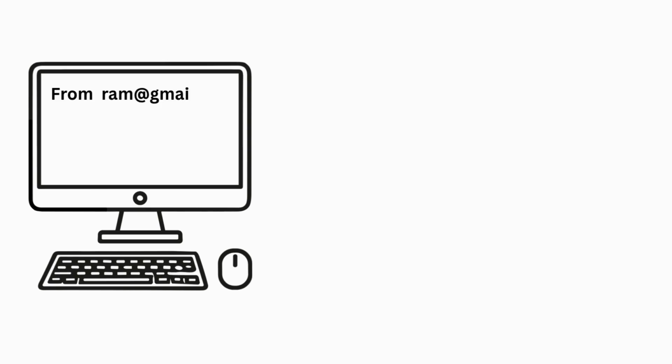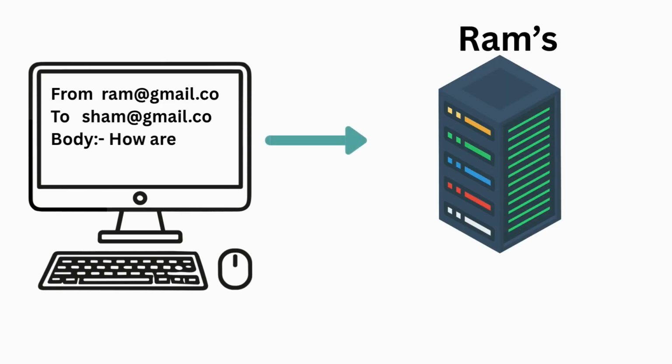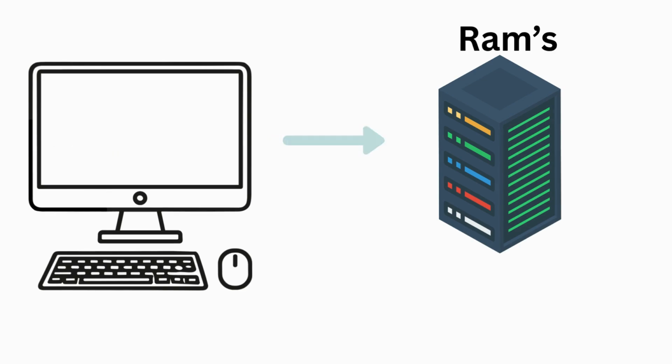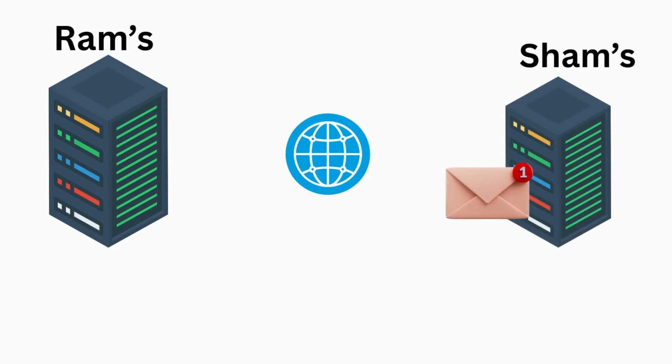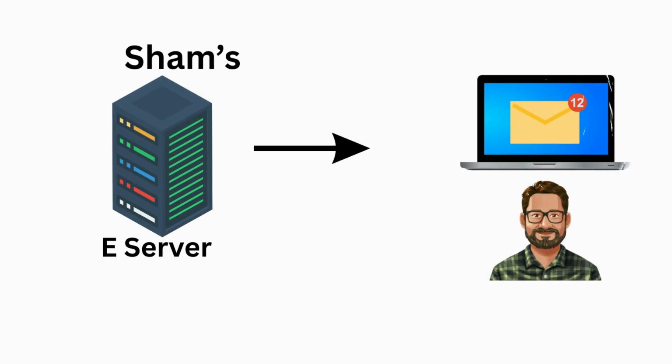Email works in a similar way to postal mail, but it is much faster. If Ram wants to send a message to Sam, he opens his Gmail, writes his message, enters his Gmail address and Sam's Gmail address, and sends. The message first goes to the mail server, and through the internet to Sam's mail server.